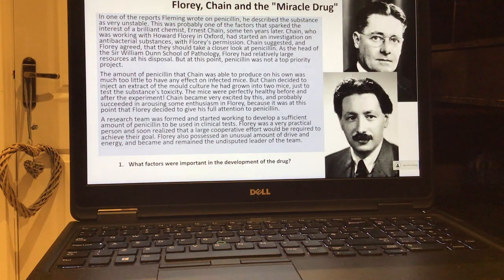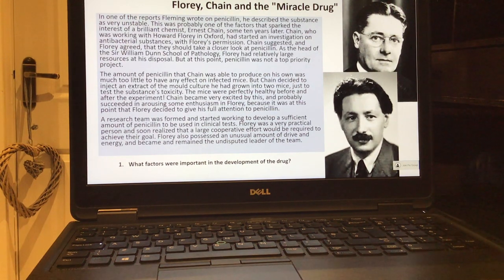Then obviously his idea, penicillin, and Fleming's idea of penicillin was taken further by these two individuals, Florey and Chain. So Fleming does write a lot of reports around his research and how he finds out what antibiotics are, but he struggles to get funding as well, but he does need different types of people.